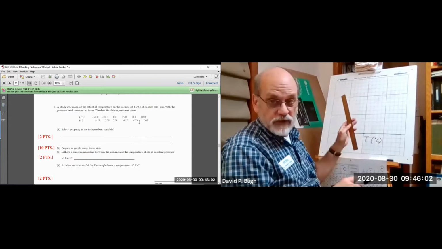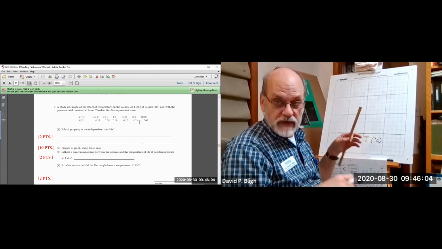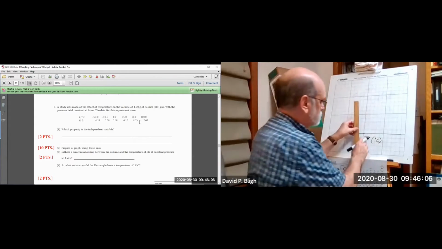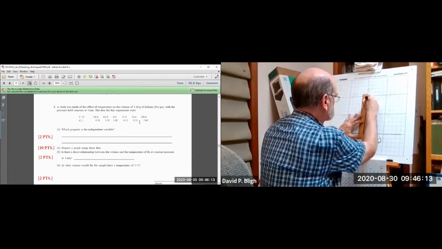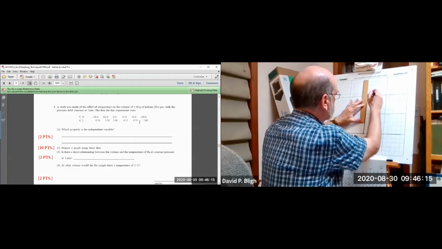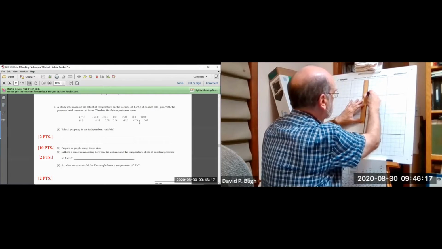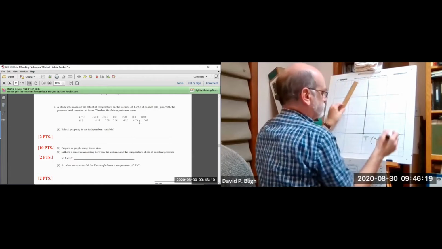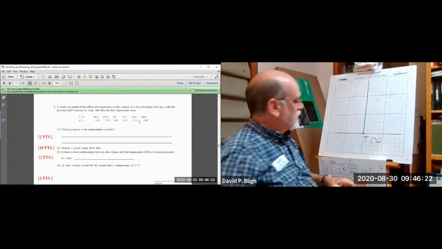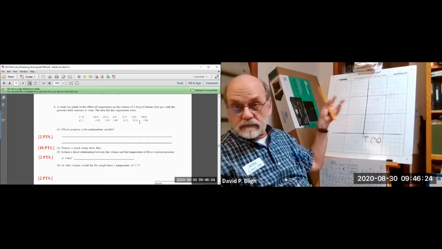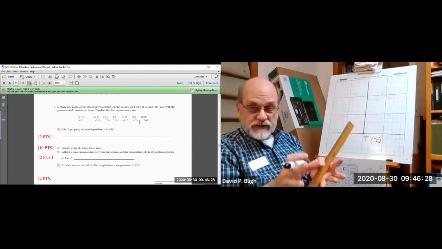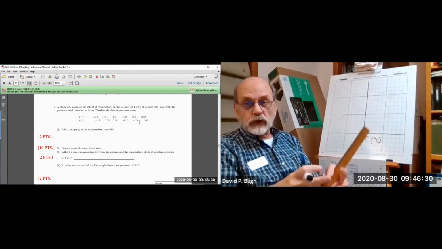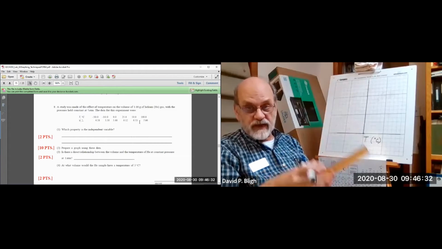Okay, so now we're going to go with the rest of the graph, which is the y-axis, or the dependent variable. Let's go up a little more. Now, why did I go all the way to the top? The reason is, in your graphing system, you want to make full use of all the space you have available.